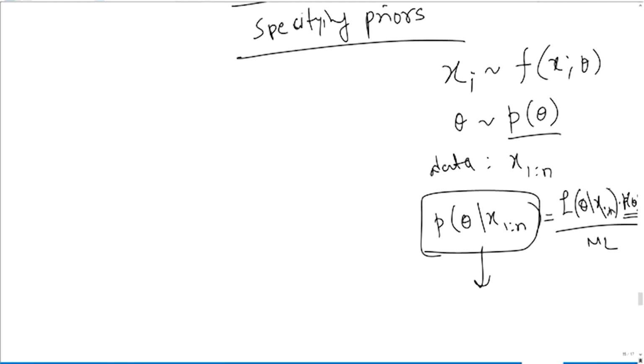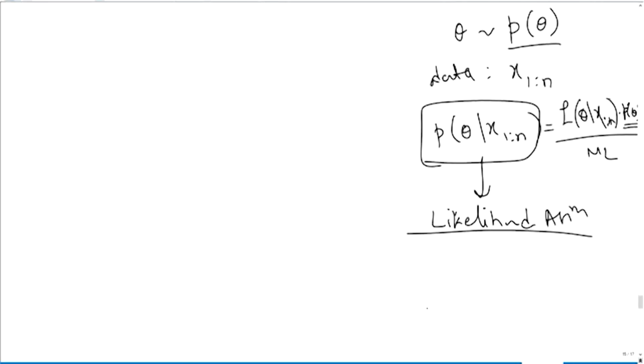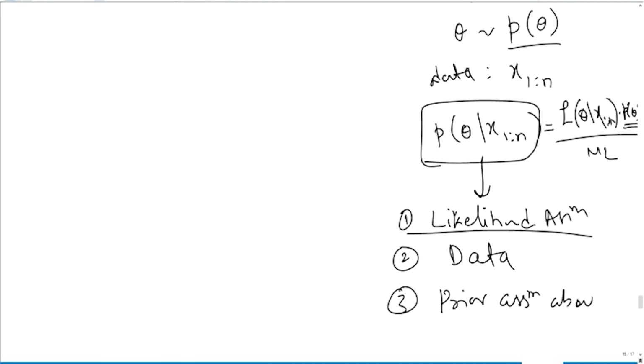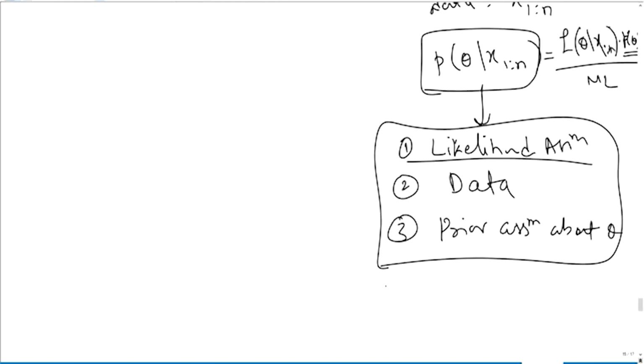This inference about theta depends on three things: first, your likelihood assumption; second, your data, because if you run the same experiment again you might get different data; and third, your prior assumption about theta. So the role of prior assumptions is important because it directly contributes to your inference about theta.